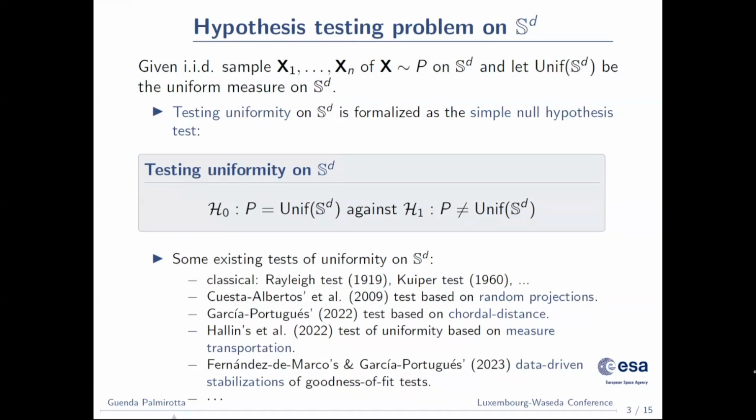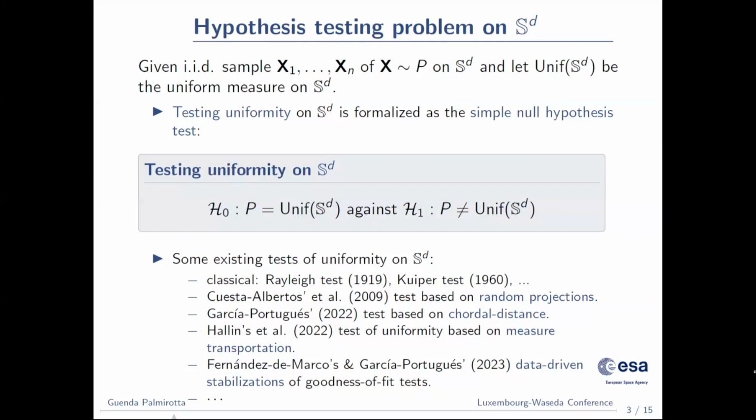I think this is no surprise. Testing uniformity on the hypersphere, you can formalize as a null hypothesis test: the null hypothesis is that it is uniformly distributed, against it is not.